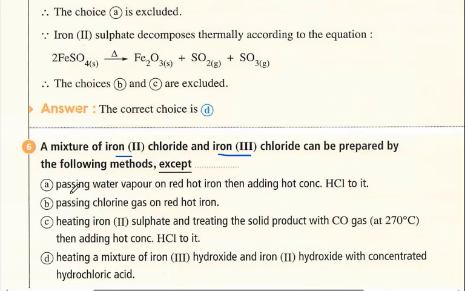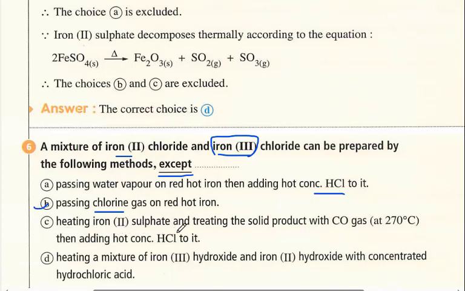When we pass water vapor on red hot iron, it forms magnetic iron oxide, which is a mixed oxide, and then the reaction with conc HCl will produce both salts. We want here the exception, so it is not the choice that we want. Passing chlorine gas on red hot iron, chlorine is an oxidizing agent. It will produce only iron 3 chloride. It will not produce iron 2 chloride. So this is the correct answer.